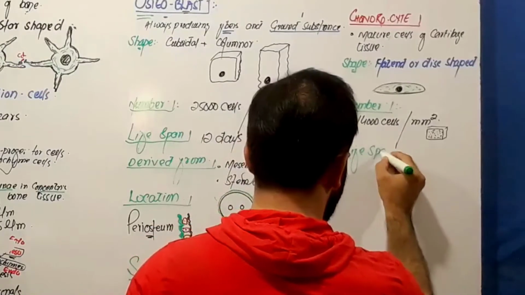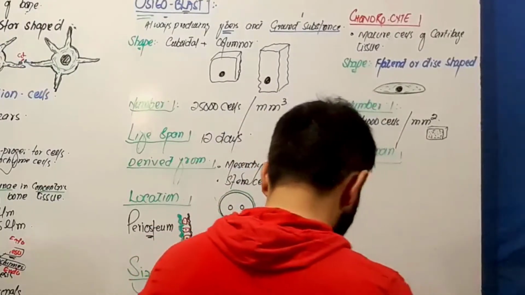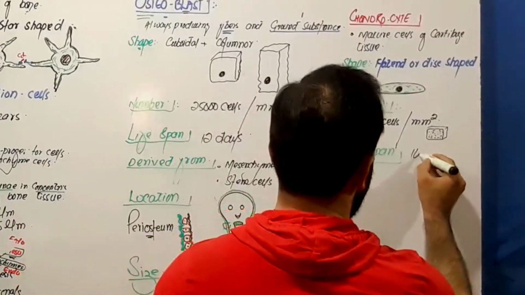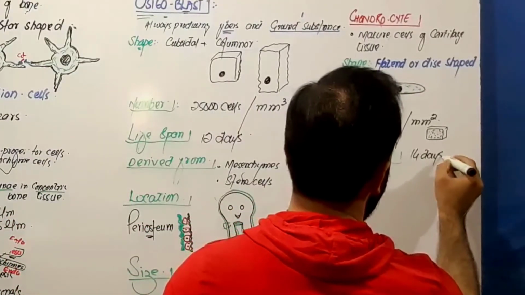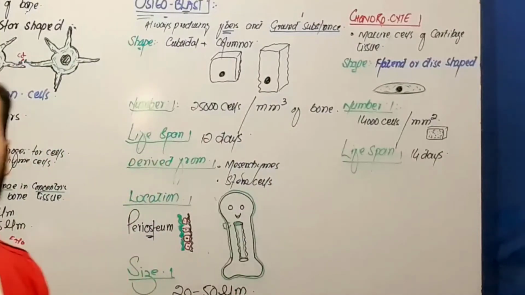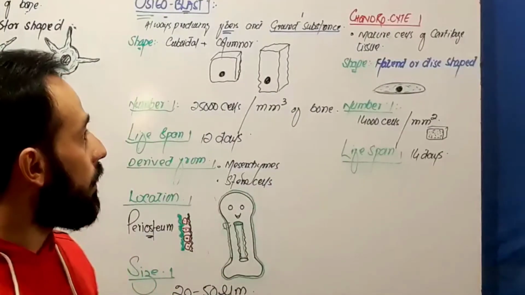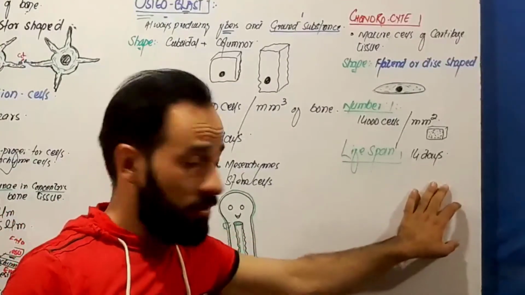So chondrocytes, their number is that, and what is their lifespan, right? The lifespan of these chondrocytes is about 14 days. So after 14 days, these cells will die, right?